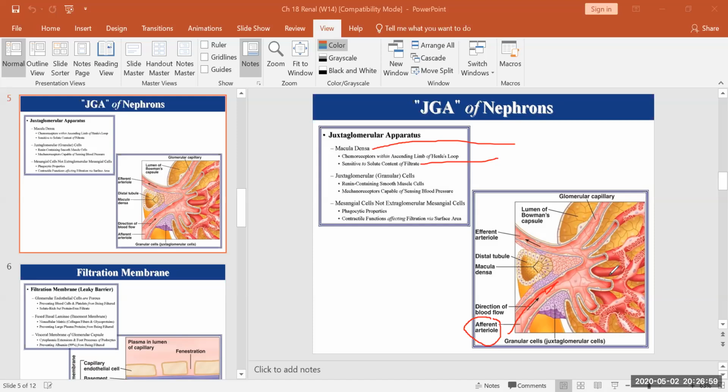When it constricts, it will slow down blood flow into each glomerulus, thereby decreasing that sodium concentration again. So this is one way the macula densa has a say in regulating blood perfusion, blood pressure going into each glomerulus.